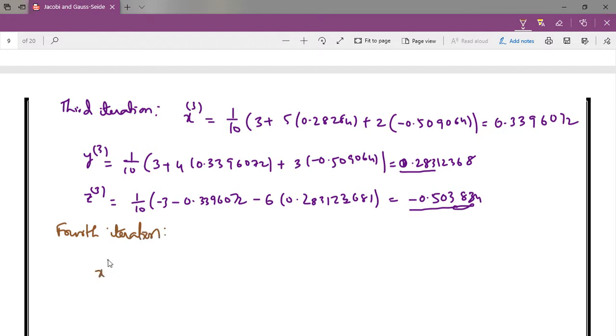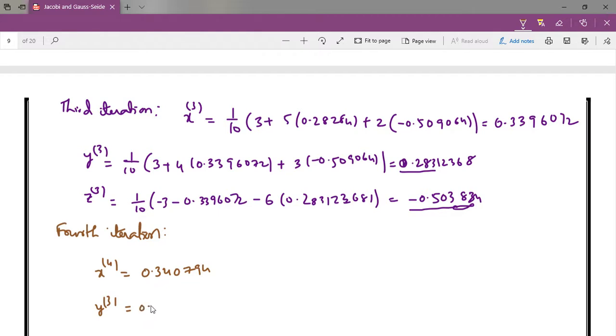So there you calculate x4 using y3 and z3. So it is going to be 0.340794. Okay. So to calculate y4 use x4 and z3. Remember, to calculate y use the latest x and z, because the next z is yet to be found.